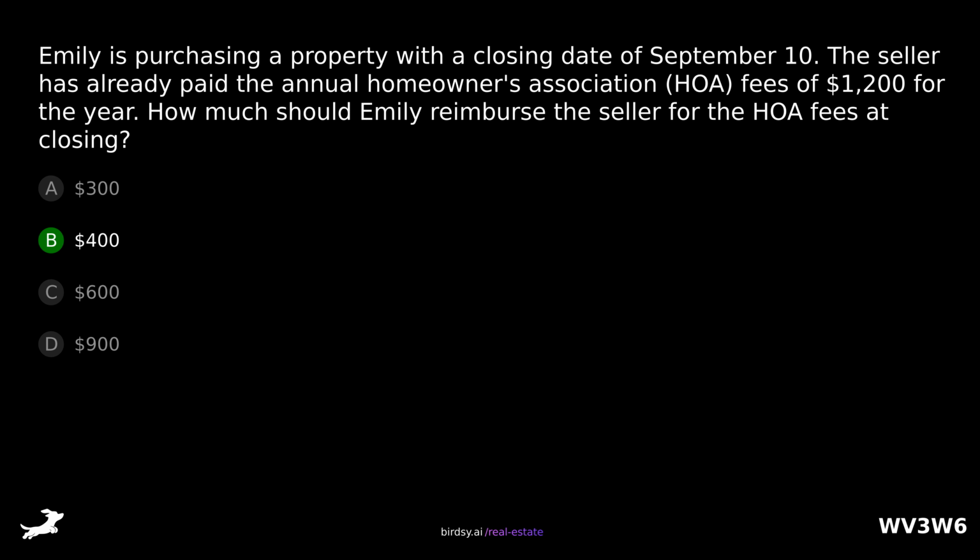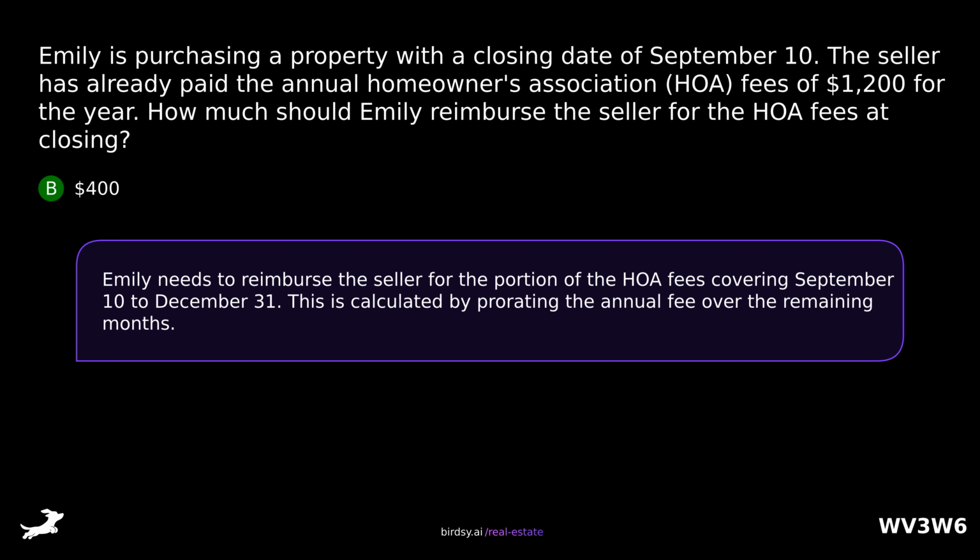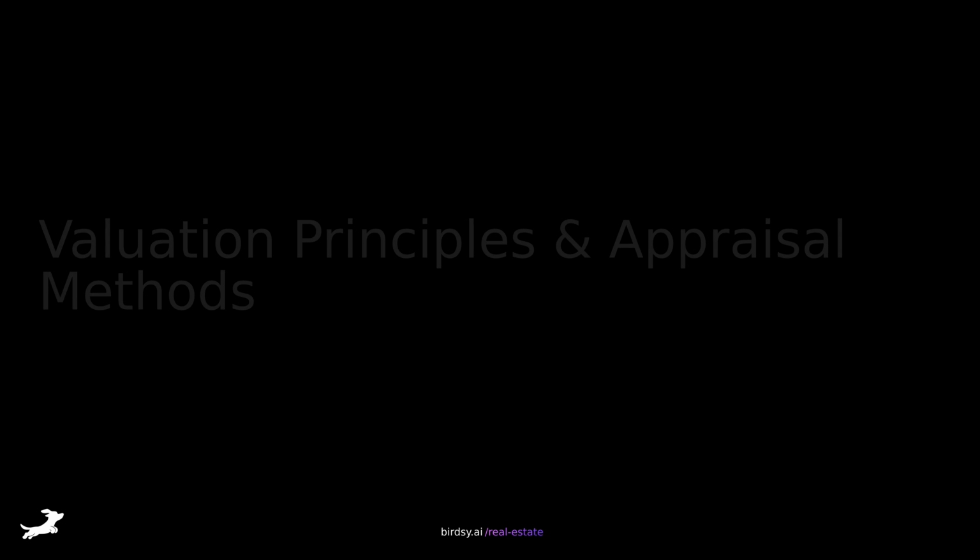The correct answer is B, $400. Emily needs to reimburse the seller for the portion of the HOA fees covering September 10th to December 31st. This is calculated by prorating the annual fee over the remaining months.